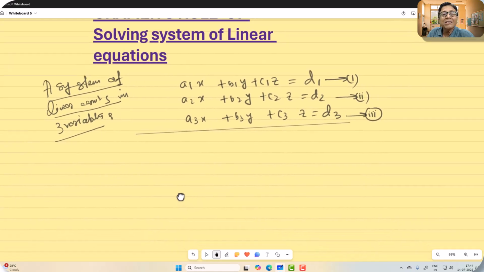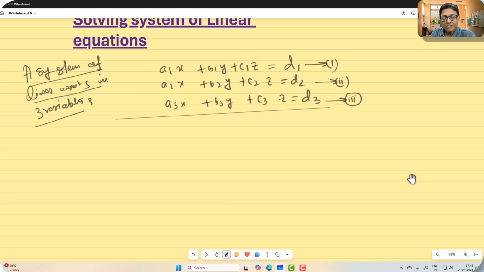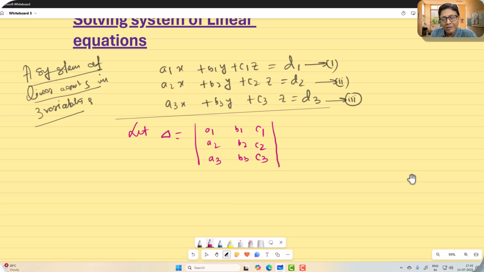To solve this system, you have to define some determinants which are actually coefficient determinants. So let delta equal to the determinant with rows a1, b1, c1; a2, b2, c2; a3, b3, c3.